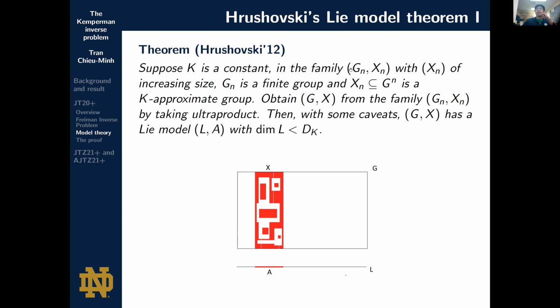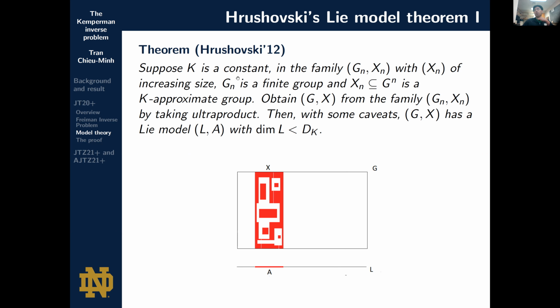This is saying that if you take a family of approximate groups with increasing size, and you take the ultraproduct of this, then up to some caveat, this G(x) has a Lie model with bounded dimension, right? So in some way, we have a picture really similar to the earlier picture, except that instead of T to the D, we have a Lie group L with bounded dimension, which essentially comes from the non-abelianness. But other than that, the picture looks pretty similar, right?